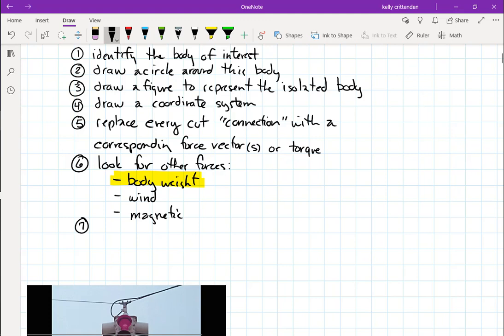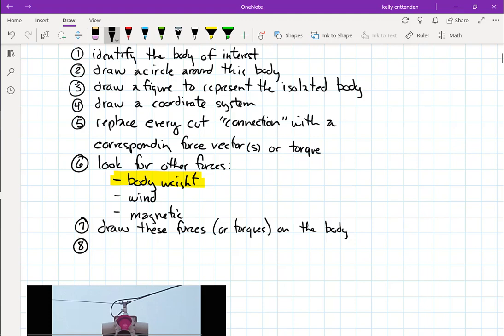So you've identified all these, so draw these forces and torques on that body, the little figure that you drew, if you haven't already done that.